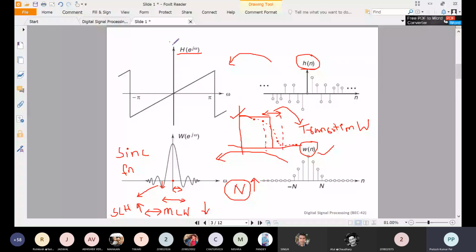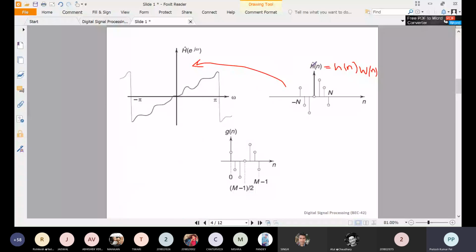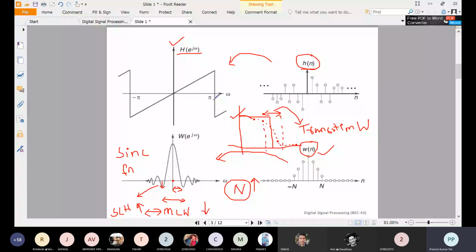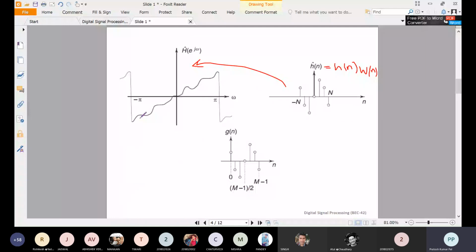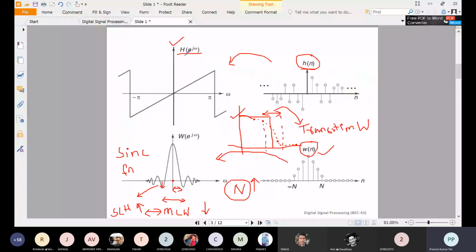But after using the windowing function, if we again find h dash of n and its frequency response, the frequency range is the same, minus pi to pi, but instead of a straight line, it is having some side lines. These side lines we call ripple. It is showing an error, compared with the previous h of e to the power j omega, my frequency response, this one is having some error.